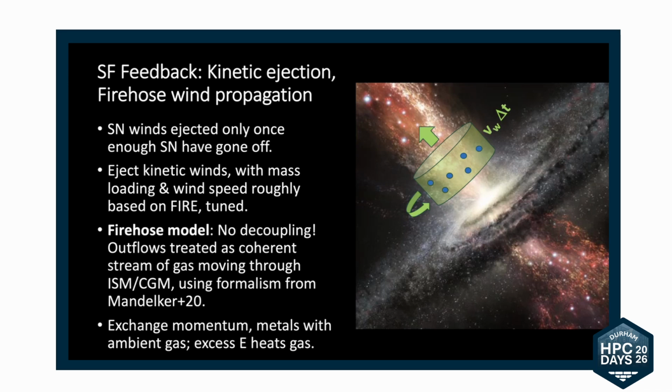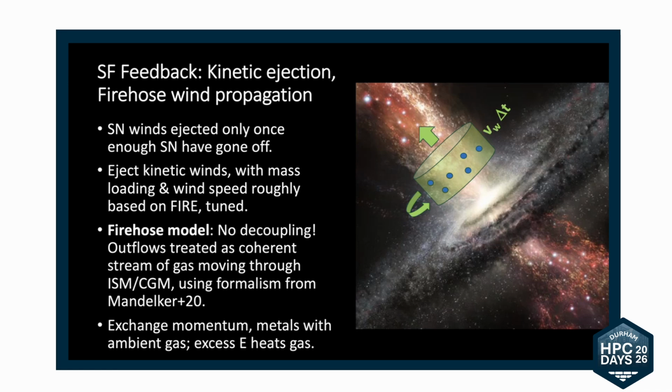And we call this decoupling, but effectively before people had just turned off hydrodynamics, but now we're actually computing a bunch of equations that do the surface mixing on sort of an outflowing stream of gas compared to the ambient medium. They would call this the fire hose model, instead of a fancy word. The point is, doing this in Swift was a huge problem.